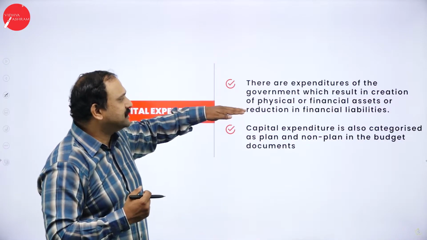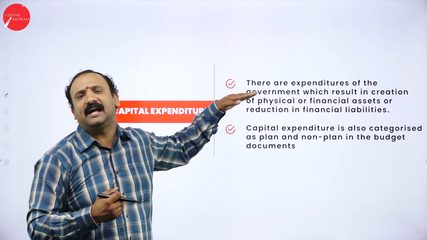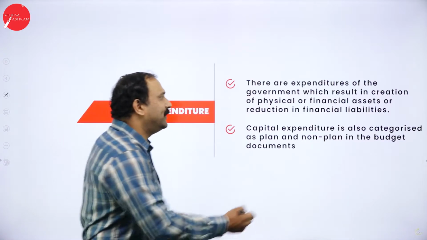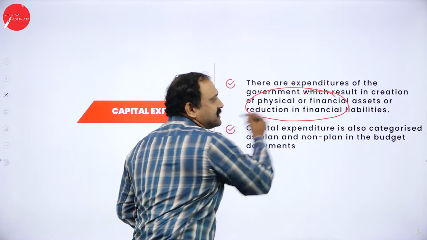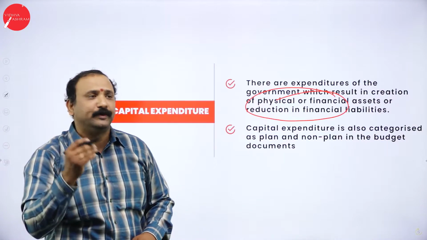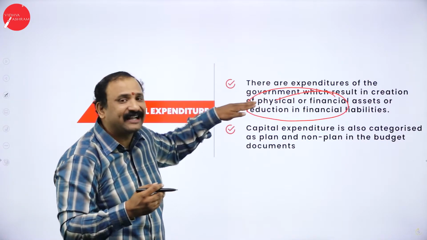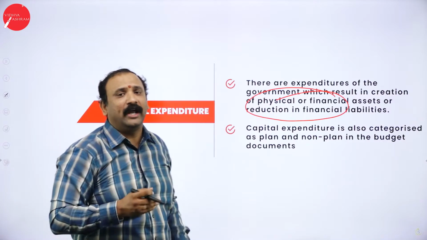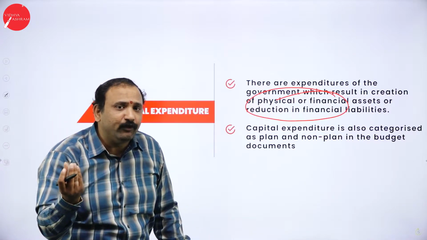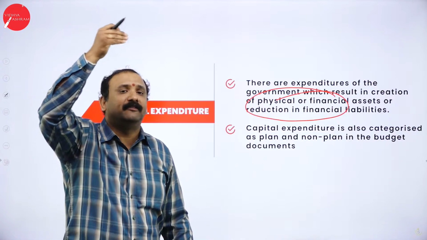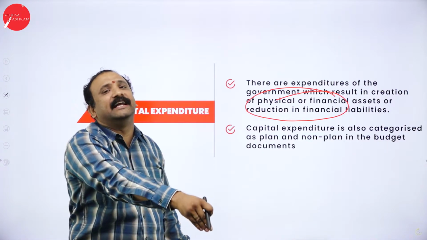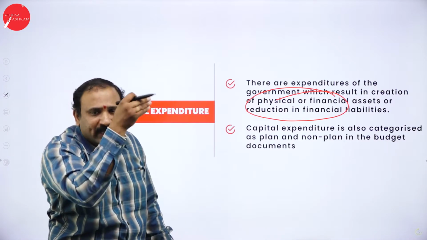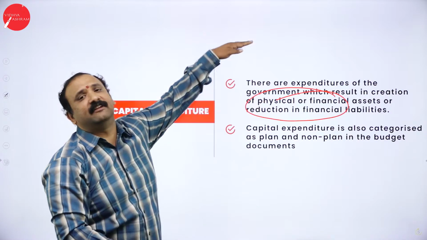So what happens here is that the physical and financial assets that the government decides to invest in, that's where you would see that a capital expenditure is happening. It's capex. Why? Because you need to infuse a huge amount of money from your own capital into the business, into the economy, for self-development.